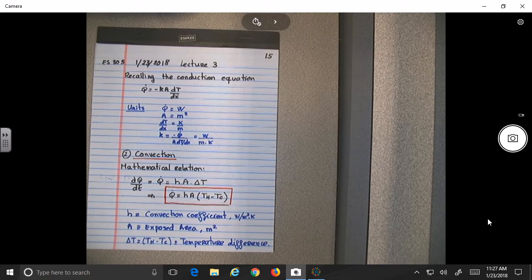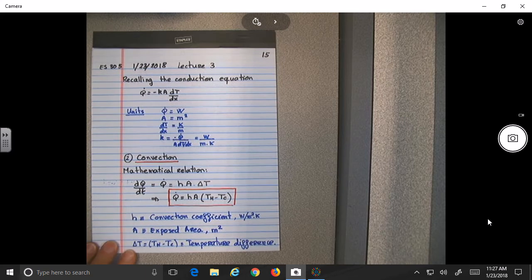The equation is very simple: H A times the difference in temperature, but what is difficult to find is the value for H. Once you move to higher classes, you will see that for simple cases they have some empirical relations based on fluid dynamics, a class that you did not take, but basically based on numbers called the Reynolds number, the Nusselt number, the Prandtl number, all different numbers that characterize the flow.